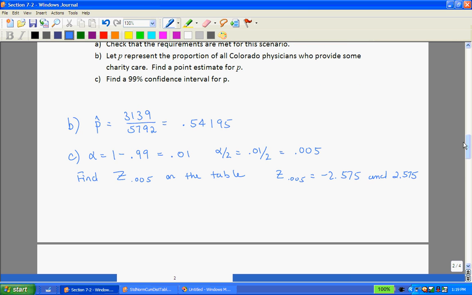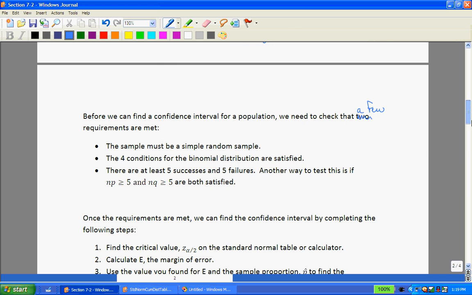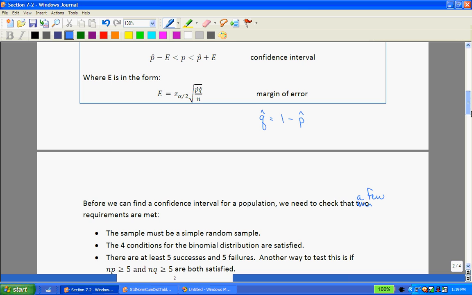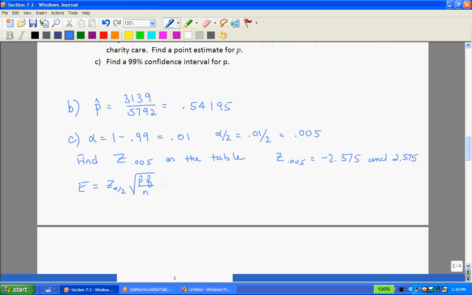Now we're ready to calculate E. Remember, E was our Z sub alpha over 2, which we just found, times the square root of P hat Q hat divided by N. Double check that formula. Okay, so we already have the Z sub alpha over 2. That's 2.575.